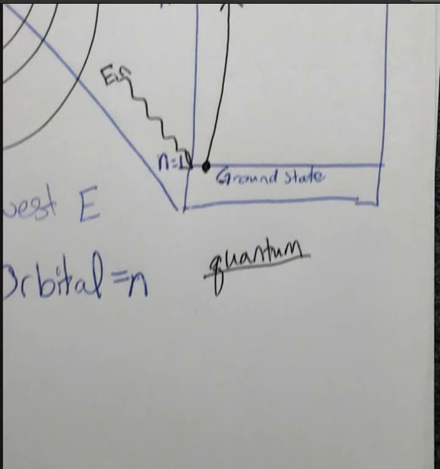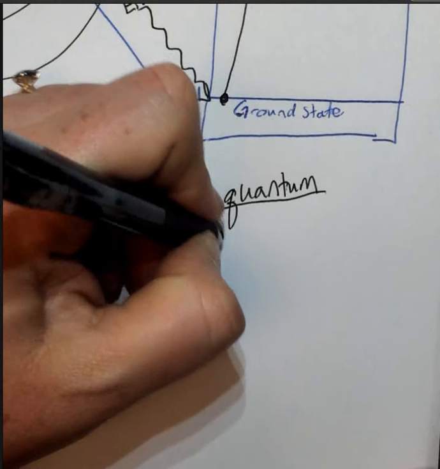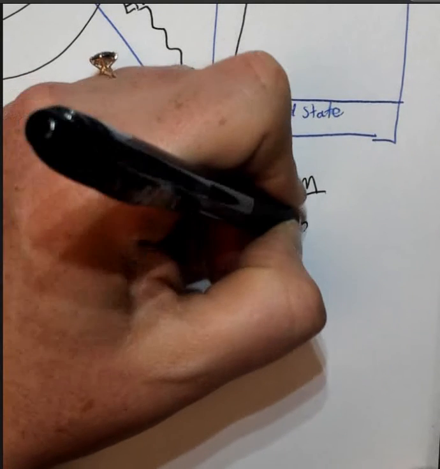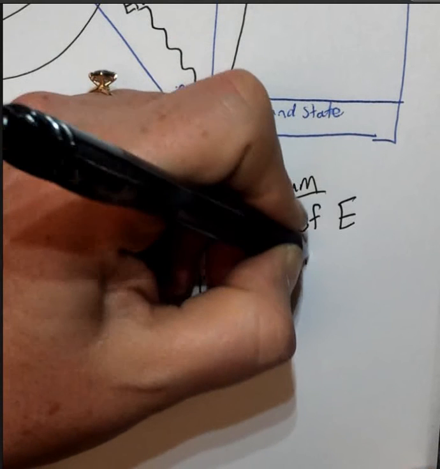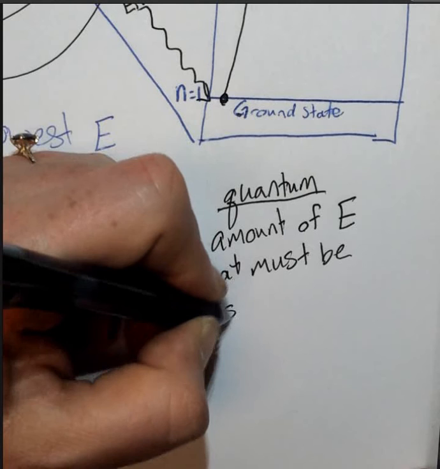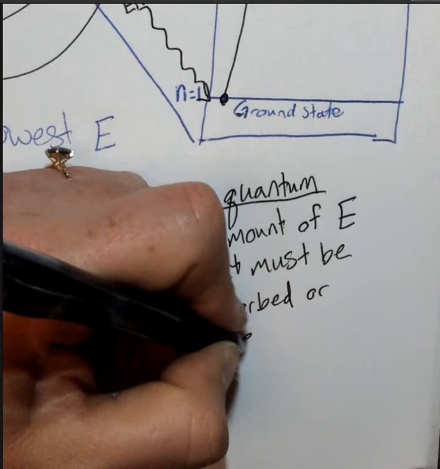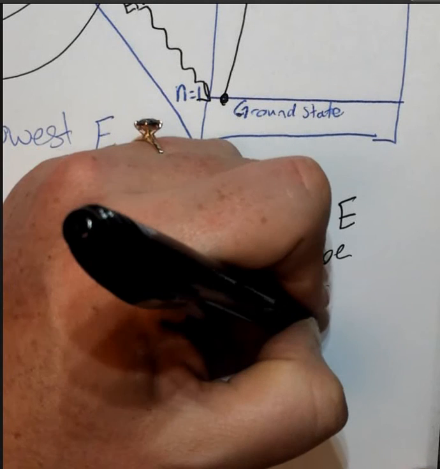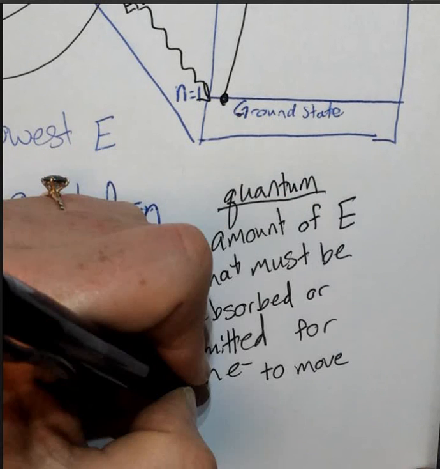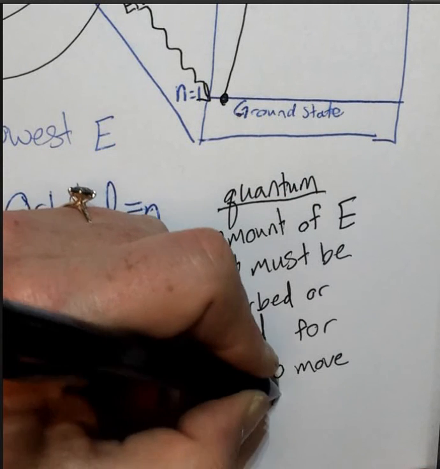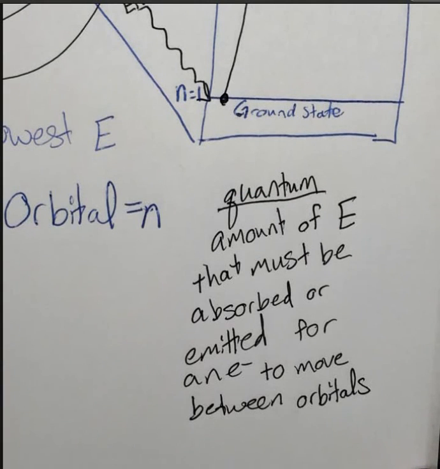Alright, just for the vocabulary, and then I'll go back to the box. Okay, so a quantum is just the amount of energy that must be absorbed or emitted for an electron to move between orbitals, or between energy levels.